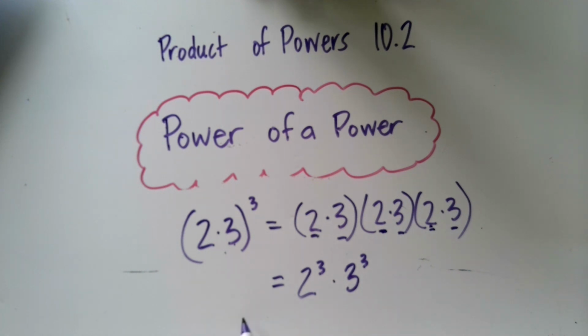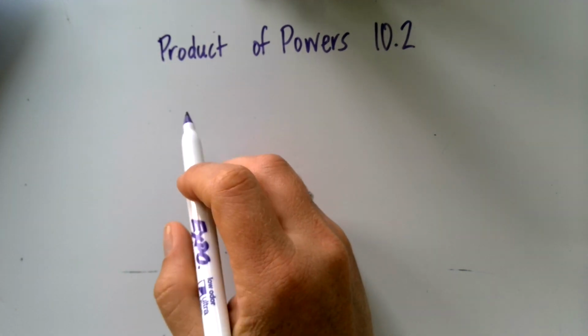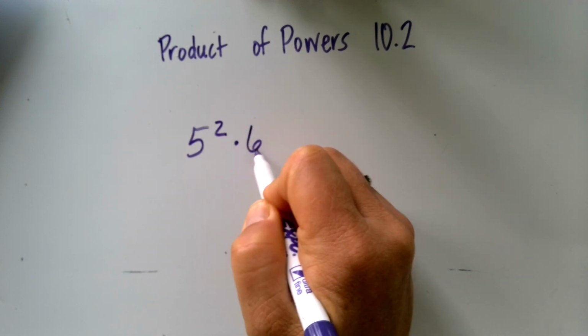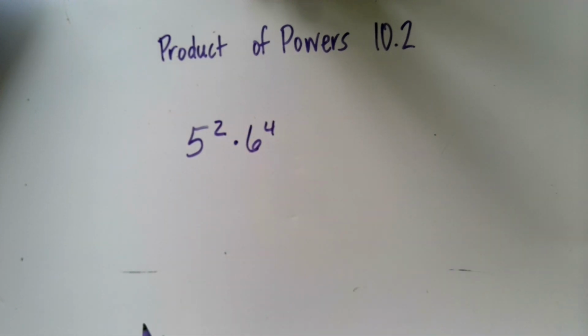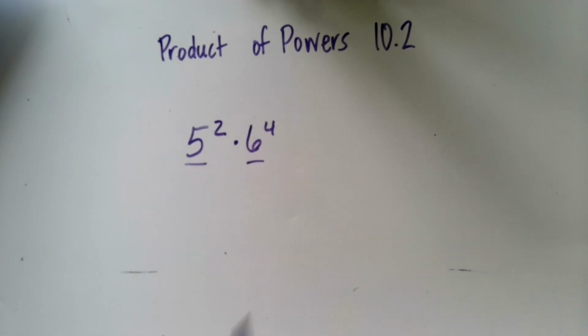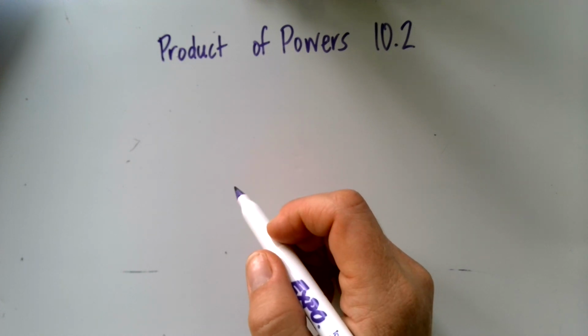Sometimes they'll ask you to just leave it right here because they're getting you used to playing with these exponents. So just a quick review. If we had 5 squared times 6 to the fourth, can we use the product of powers property? Our first question is, do we have the same base? So no, we don't have the same base. We can't use that. That's not going to help us here. So just a quick review.